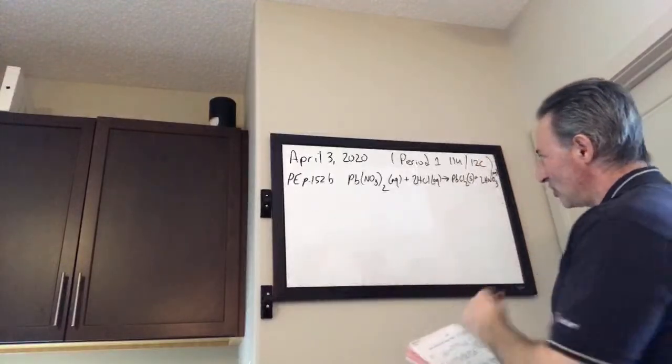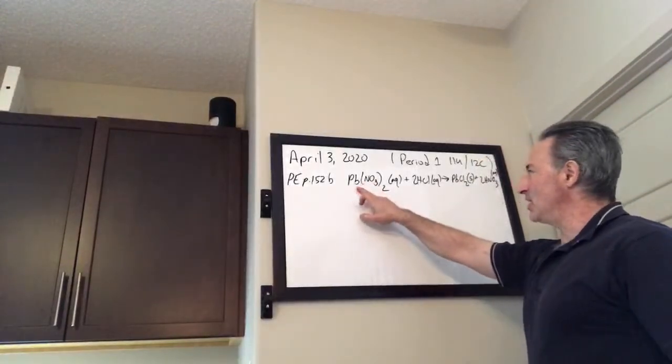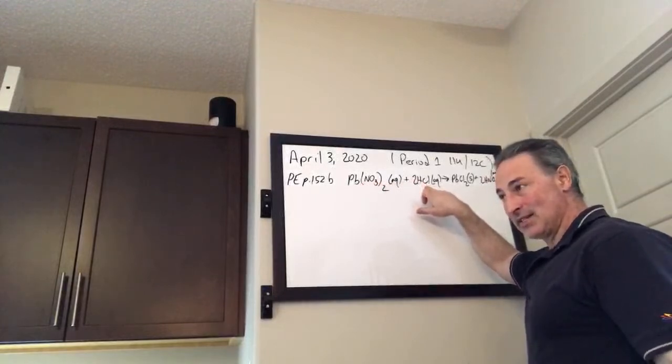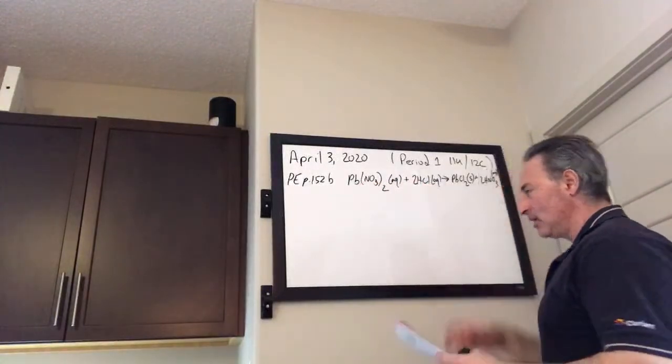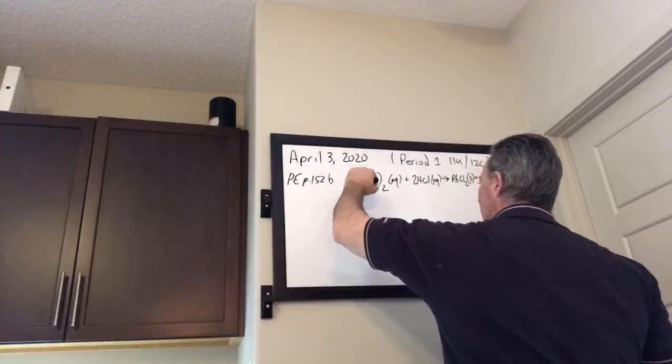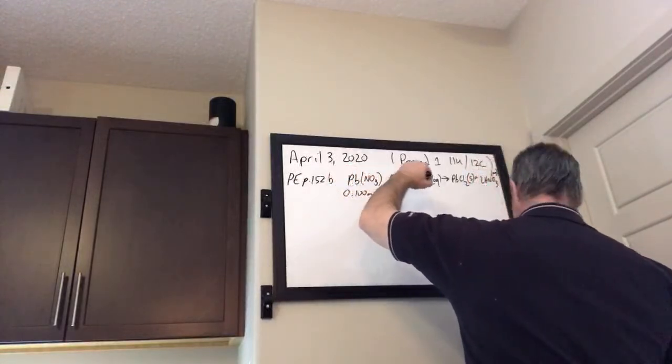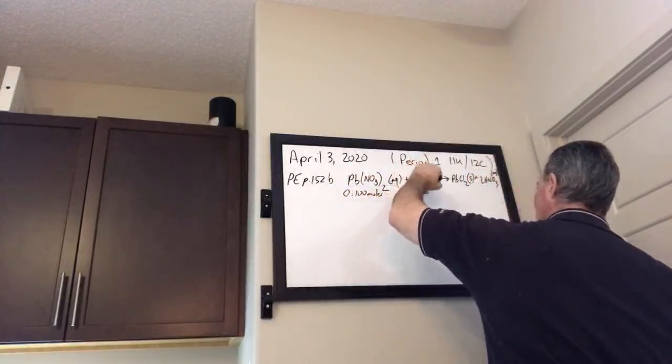So it's a 1 to 2 stoichiometry. For every 1 mole of plumbous nitrate, you need 2 moles of hydrochloric acid to precipitate it. We're told that there's 0.1 moles of plumbous nitrate and that the concentration of the acid is 0.500 molar.